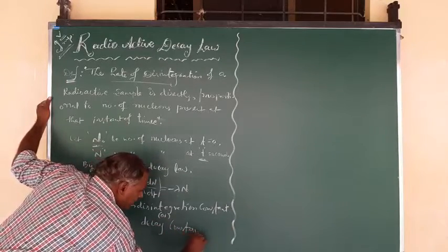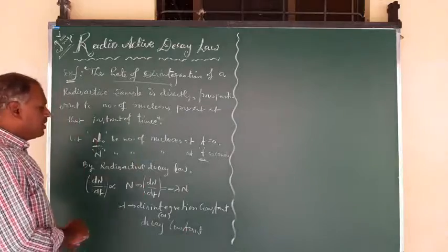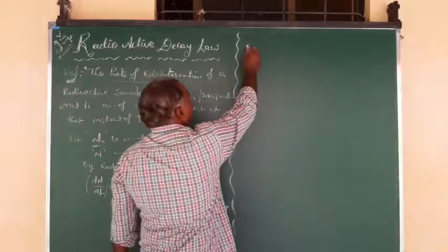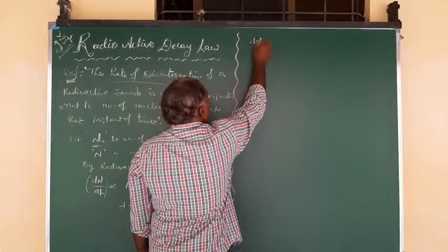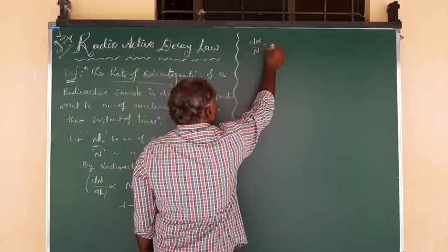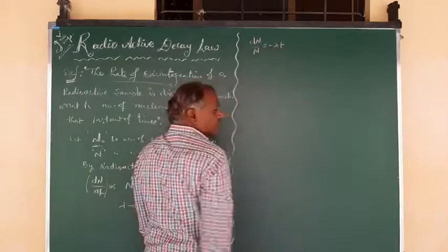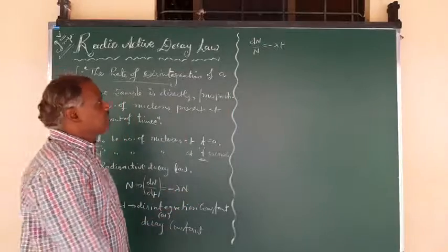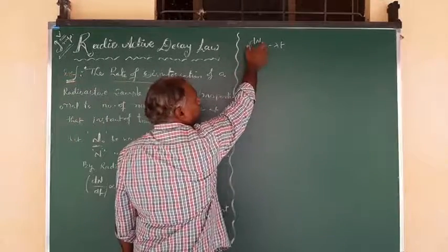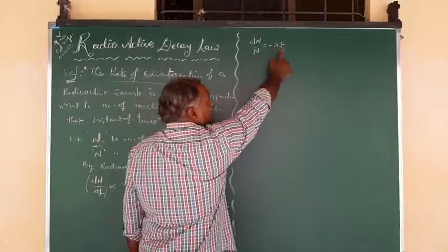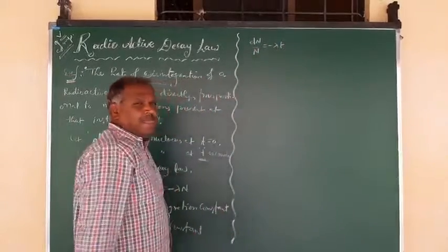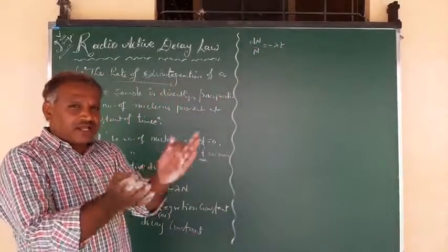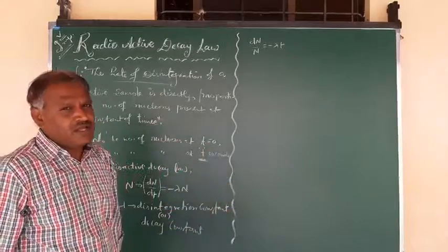Now from this equation I can write dN by N equal to minus lambda dt. Just I am taking N to this side and dt to the RHS. Now here we have the number of nucleons, and on the RHS the time period. So both are separate.